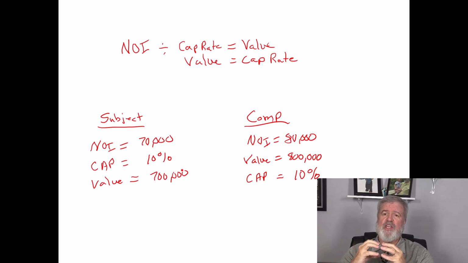Well, the first thing you have to do is subtract all the expenses from the $80,000. But the first expense you must deduct is the vacancy, and if you get this out of order, you're going to have the wrong answer. You must deduct the vacancy from the gross income first. Then any other expenses you can deduct, and it doesn't matter what order you deduct those.